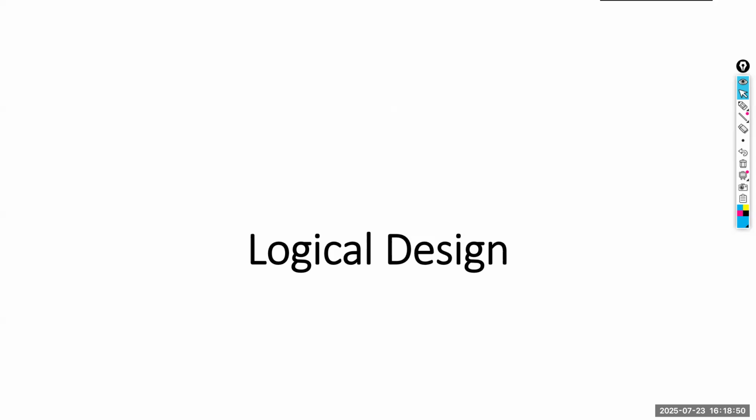Later we can decide which one it is, Oracle or MySQL or Microsoft SQL. That is where we do the physical design. But now we have decided we are going for relational databases, so logical design for relational databases, because your syllabus is for relational databases.